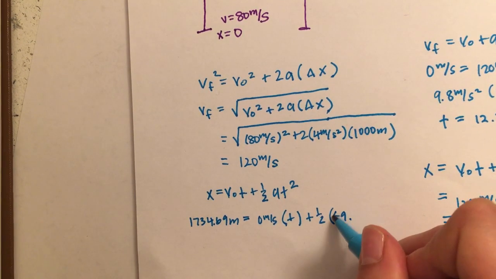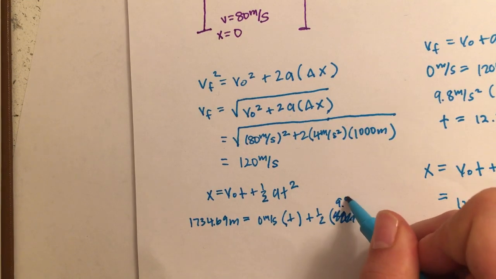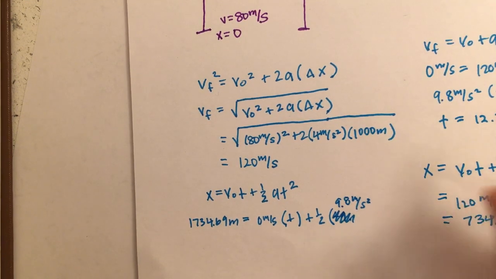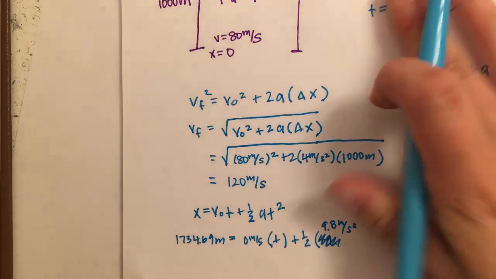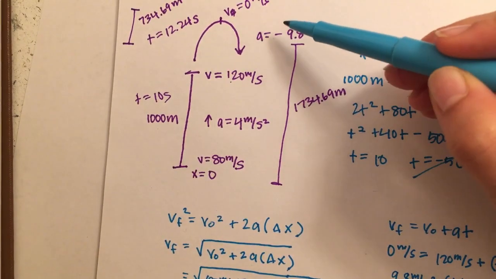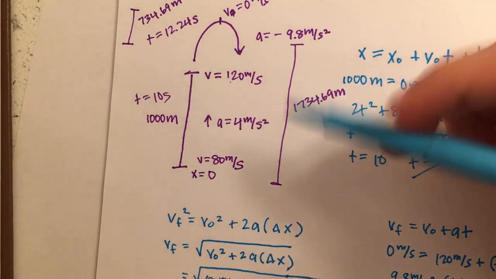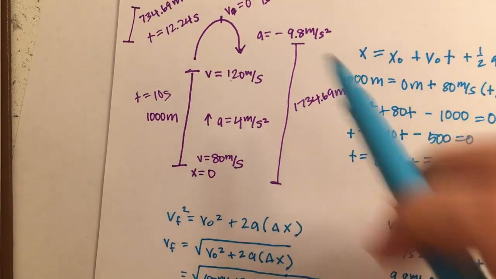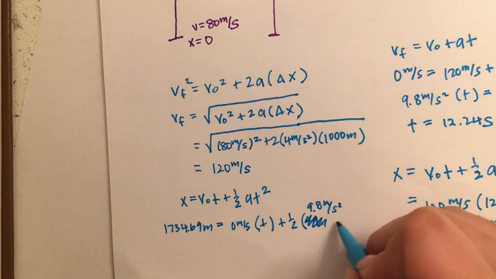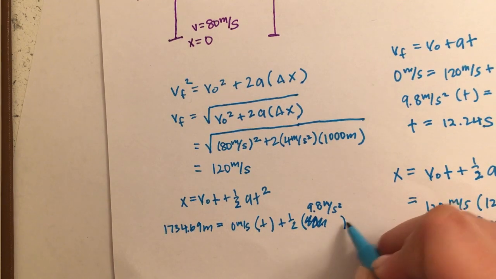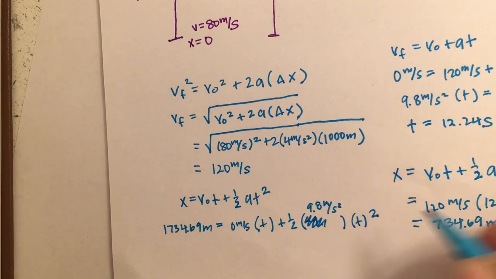Here, the acceleration will be just 9.8 meters per second squared, because although gravity is downwards, we're setting this as the positive direction since it's going downwards, and you're just trying to find the time, and we don't want to have a negative under the square root. So here it's just 9.8 meters per second squared, and then time squared.